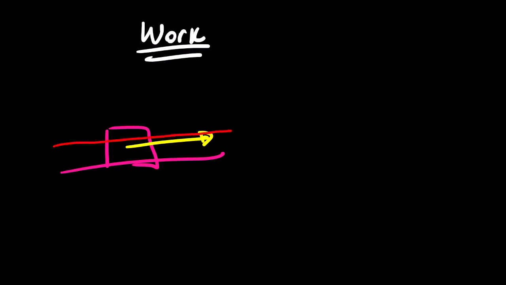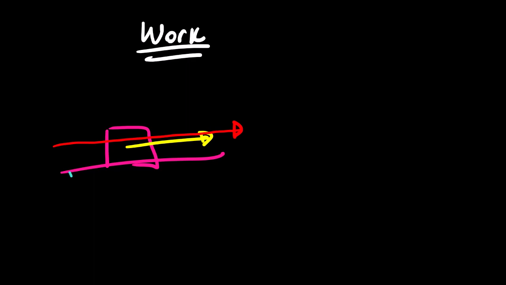The red line represents the displacement of the object, moving from left to right, and this object is experiencing a force which is this yellow line to the right.